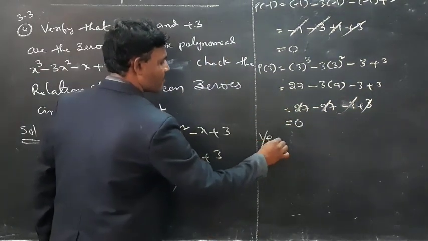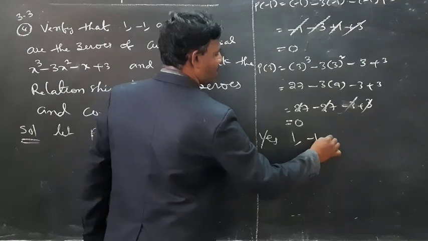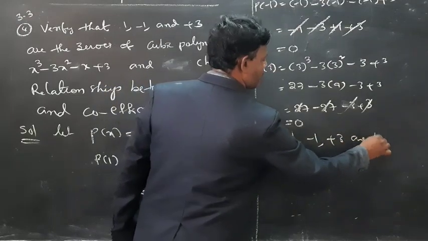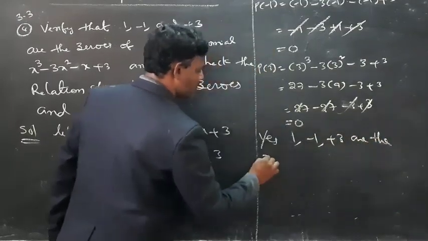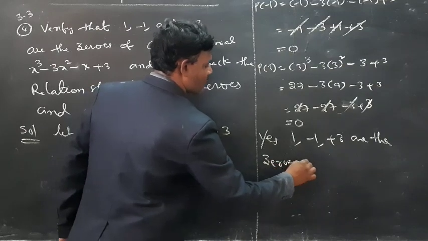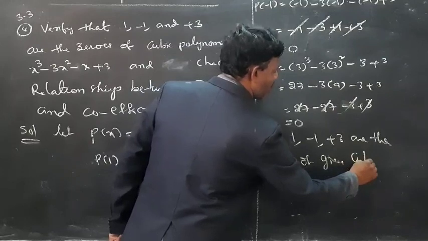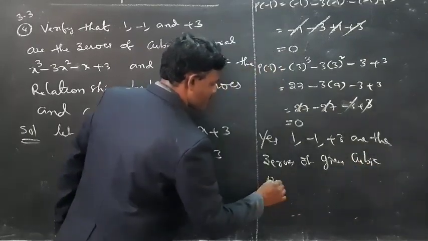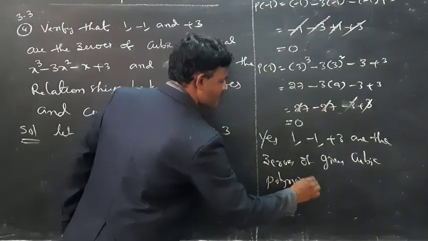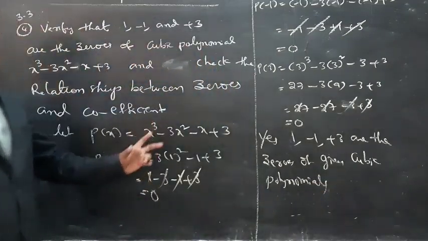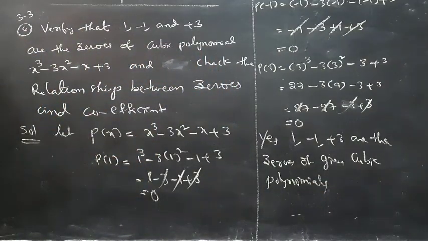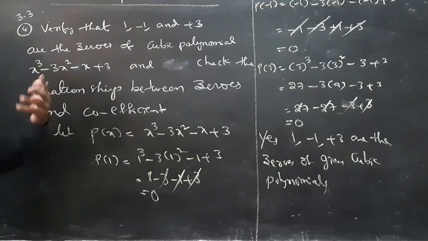So 1, minus 1, plus 3 are the zeros of the given cubic polynomial.